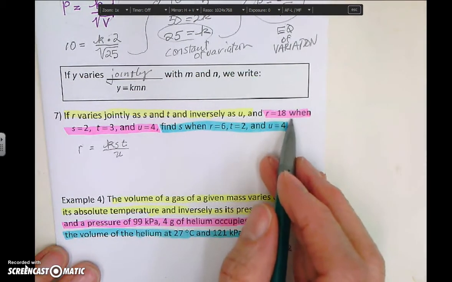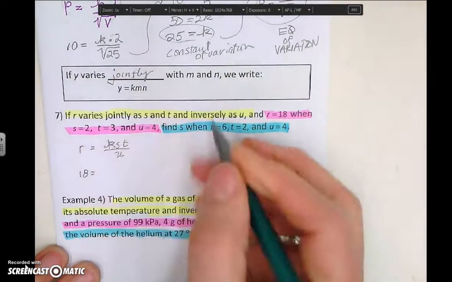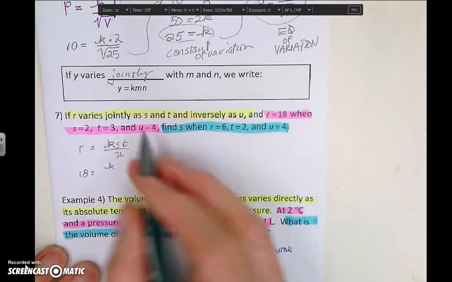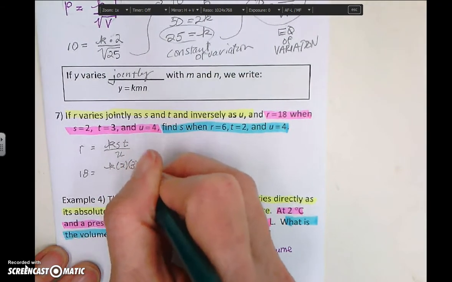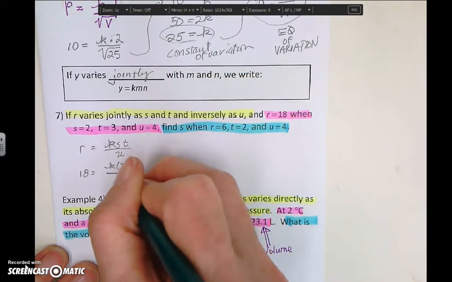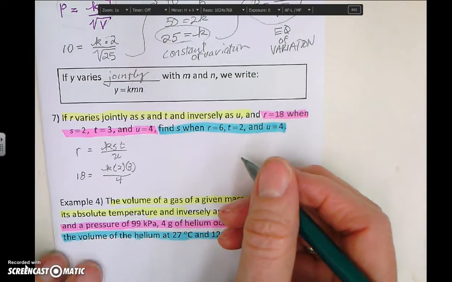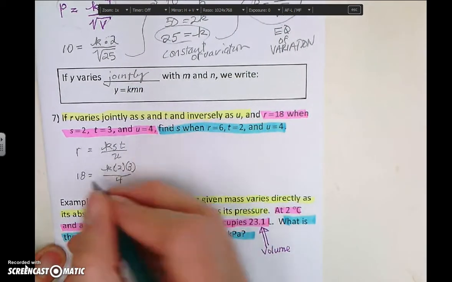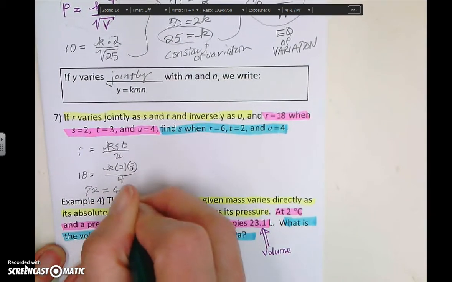So R is 18, so 18 is equal to K, and then S is 2 and T is 3 over U, which is 4. You can solve this any way you want to. You might multiply 4 times 18 and get 72 is equal to 6K.